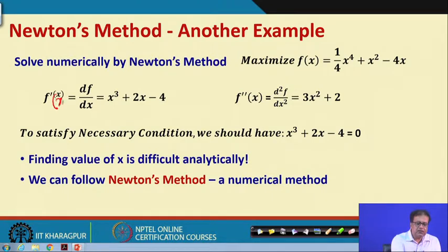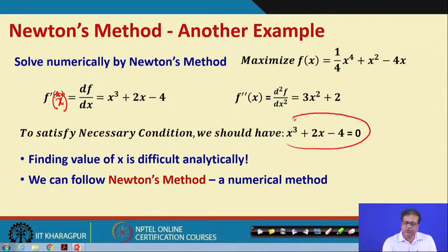So, the first derivative f dash x, df dx, is x cube plus 2 x minus 4, and the second derivative becomes 3 x square plus 2. So, that was the first and the second derivative, and after obtaining that, the necessary condition, the first derivative should be equal to 0, that is the necessary condition.